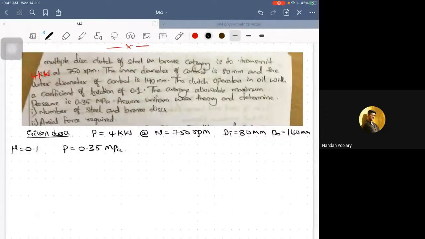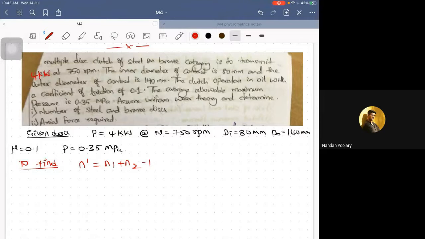And determine what we have to find in this problem. Number one, the number of steel and bronze discs. So he is asking us the value of n dash, which is nothing but n1 plus n2 minus 1.